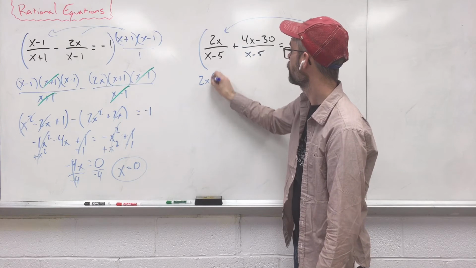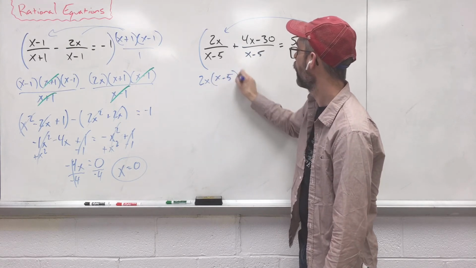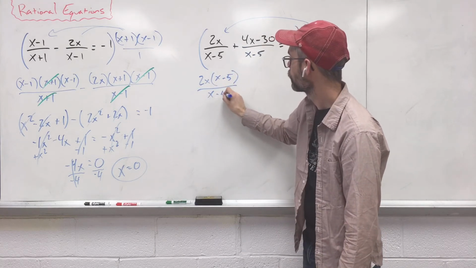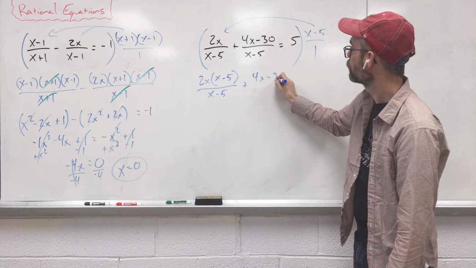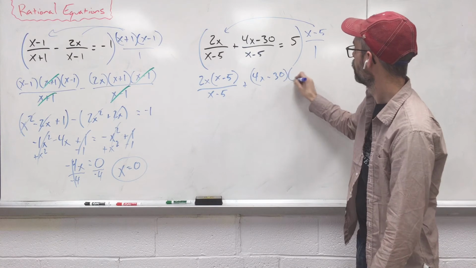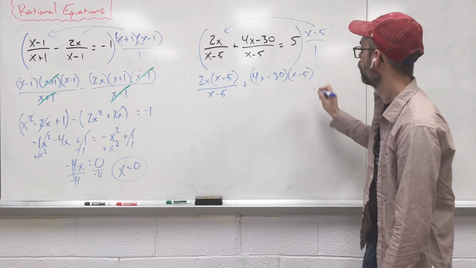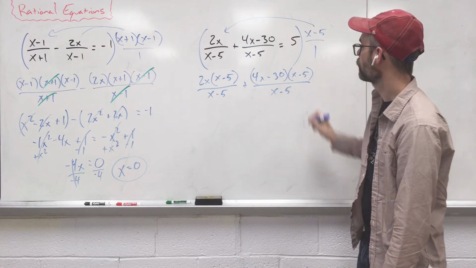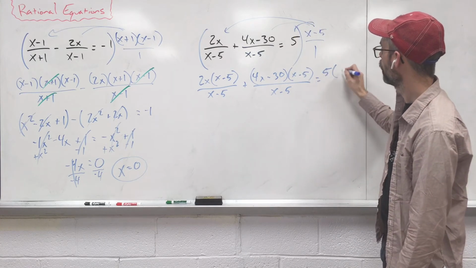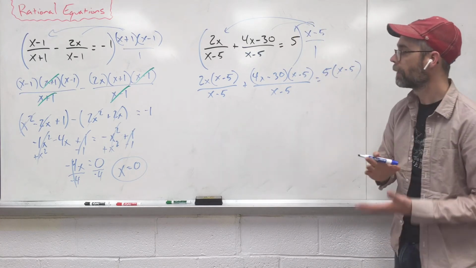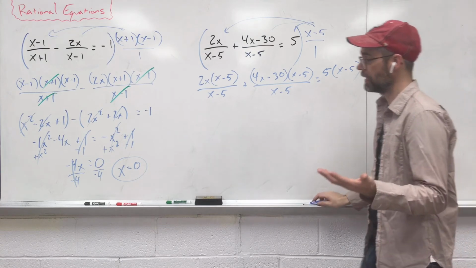So 2x times x minus 5 over x minus 5, plus 4x minus 30 times x minus 5, all over x minus 5, and then equals 5 times x minus 5. So that was the easy part.